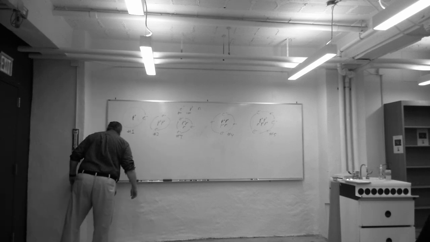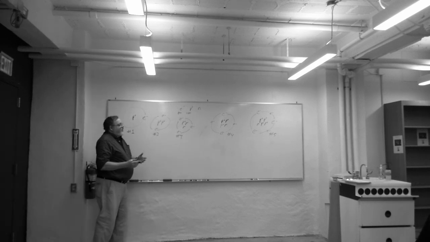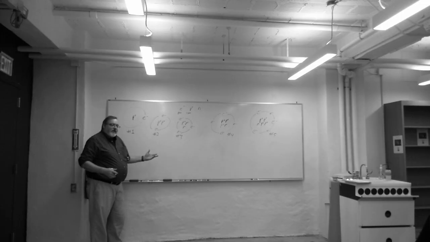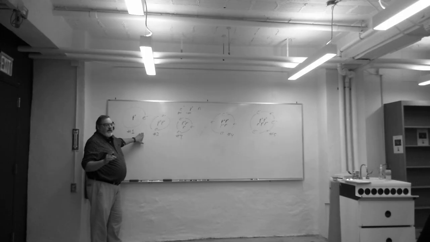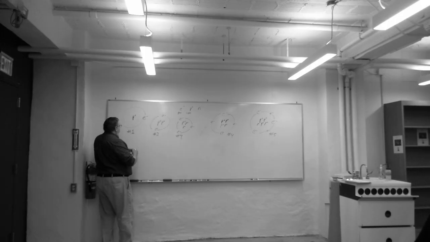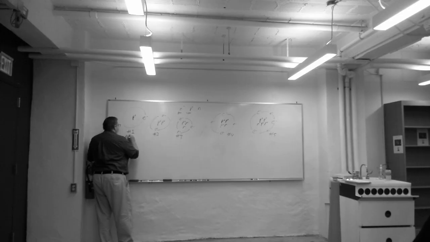Later we'll talk about how atoms can lose some electrons and gain some electrons and end up being charged. For now, let's just stick with these. And let me say this, the first important definition is this number, which I'm going to call the atomic number.